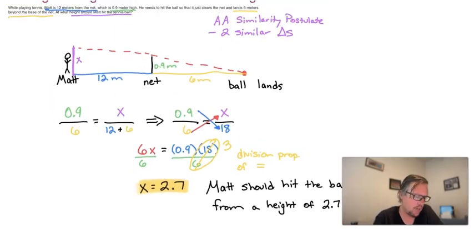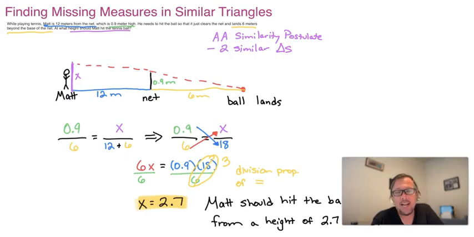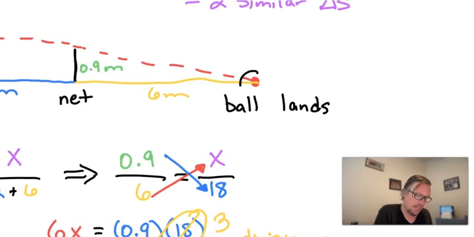The way that we did it was by drawing this diagram, we were able to see, oh, this is two similar triangles. How did we know the triangles were similar? Because of the angle-angle similarity postulate. We had two congruent angles in each triangle. One of them was a right angle, and one of them was this really cool angle right here that they shared.